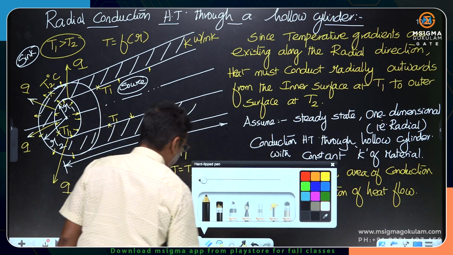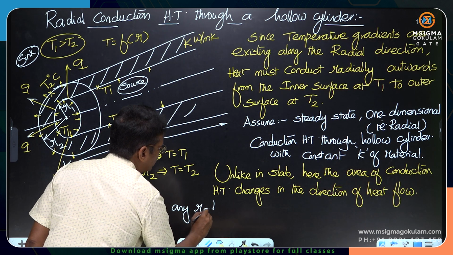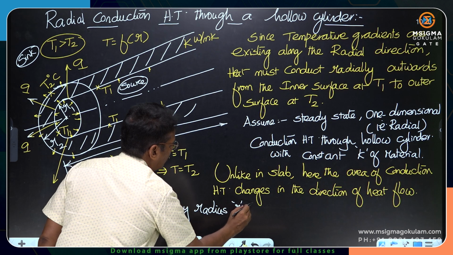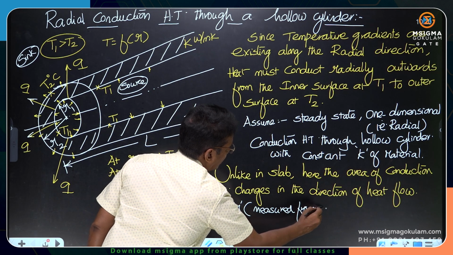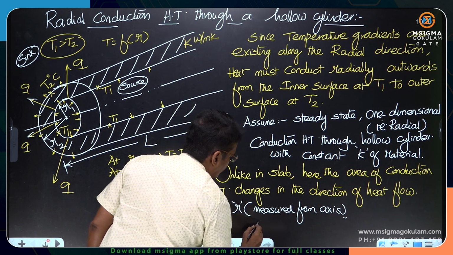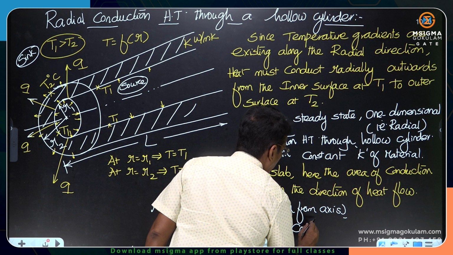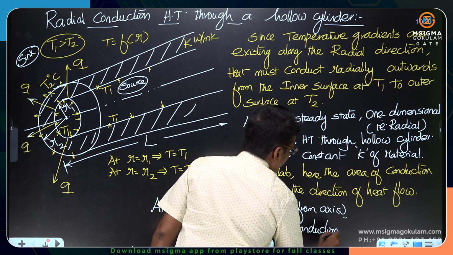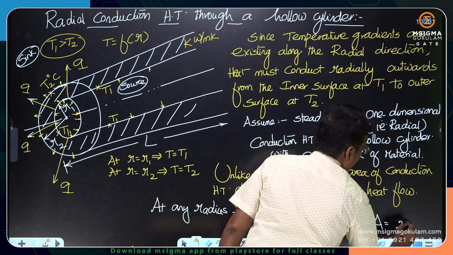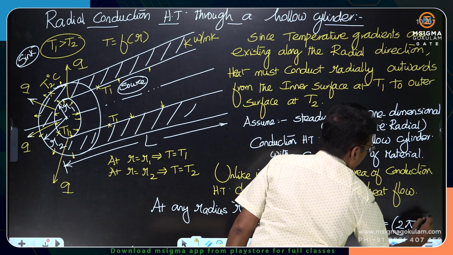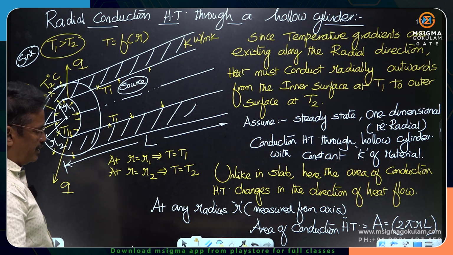At any radius r measured from the axis, all radii are measured from the axis, the area of conduction heat transfer is 2 pi RL.